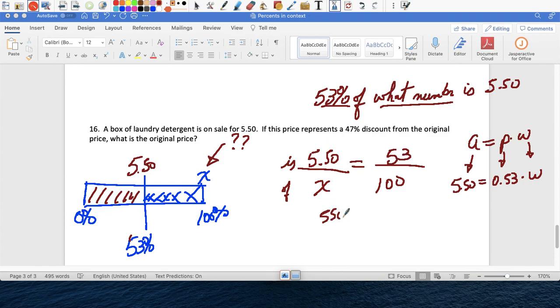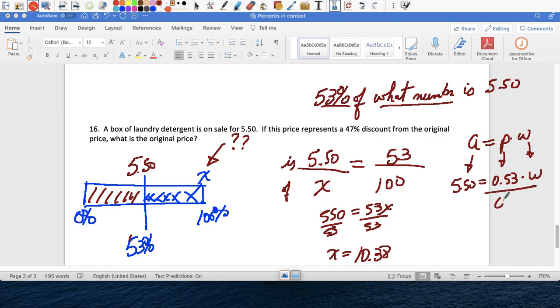550 equals 53x. We're going to divide both sides by 53. And x equals 550 divided by 53. The original price of this laundry detergent was $10.38 rounded.